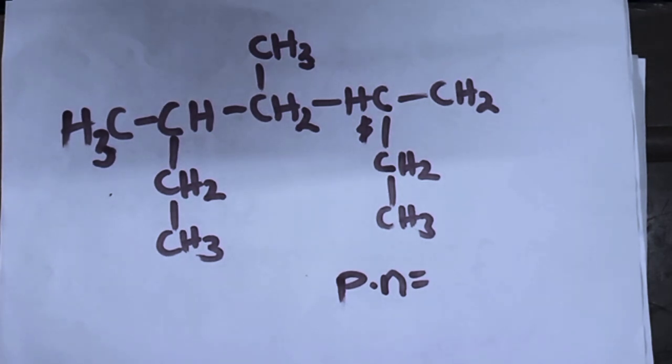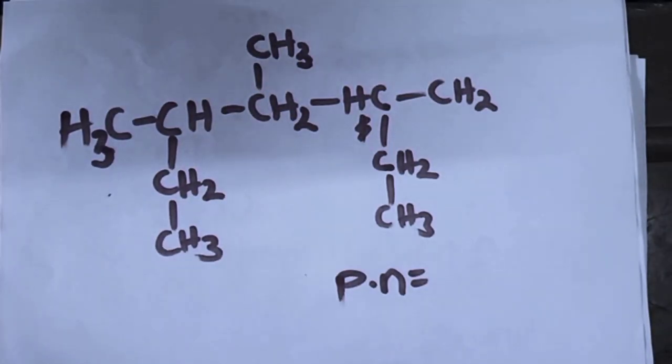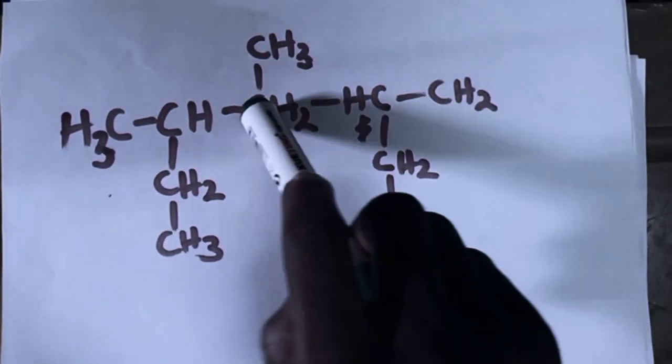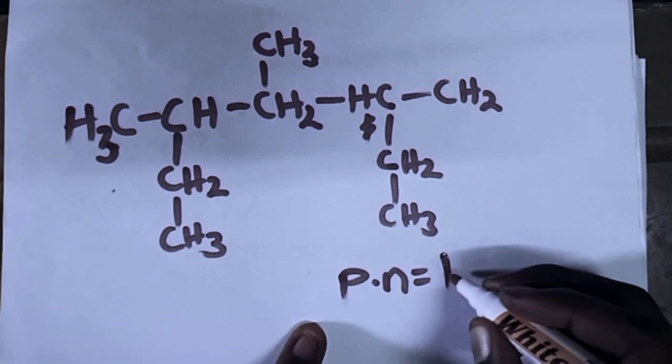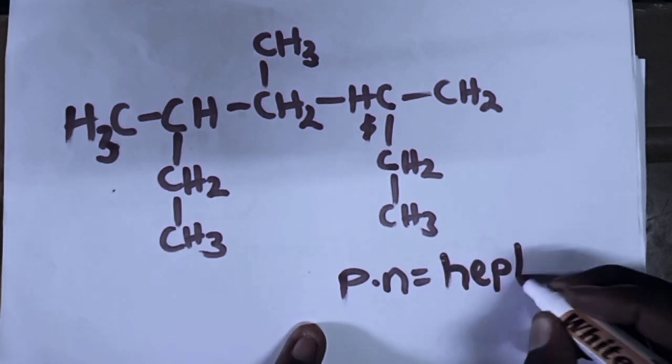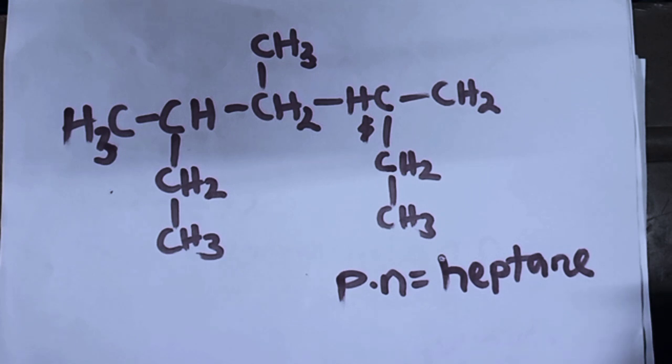Maybe there's another longest chain apart from this one. 1, 2, 3, 4, 5, 6. No. So it is 1, 2, 3, 4, 5, 6, 7. Okay. So meaning it is heptane. Heptane. That is the parent name.